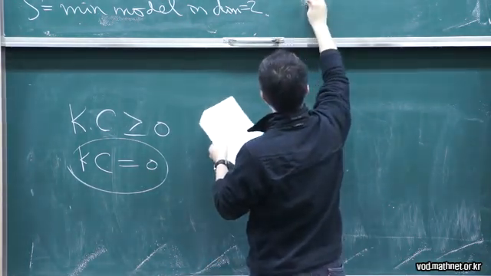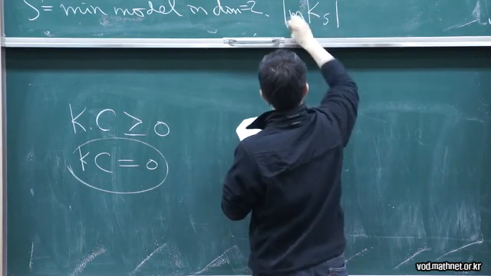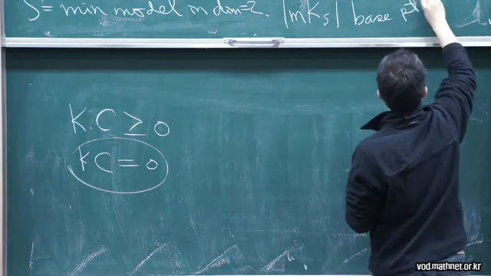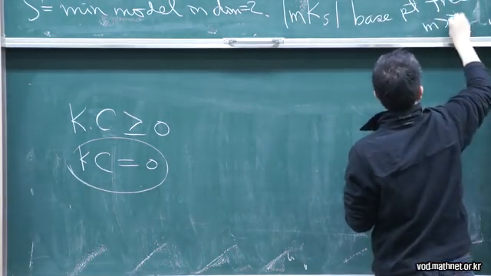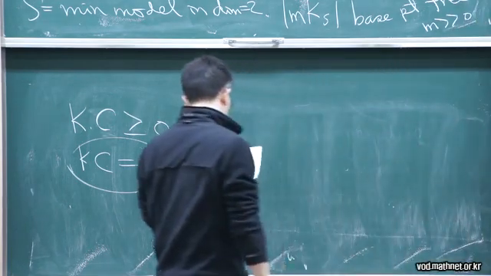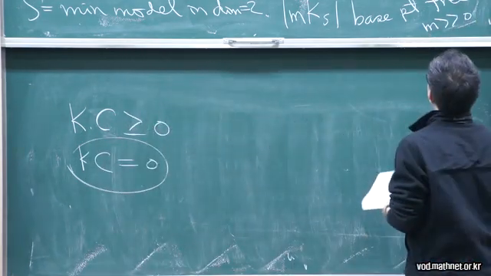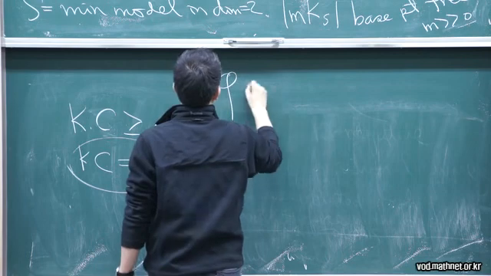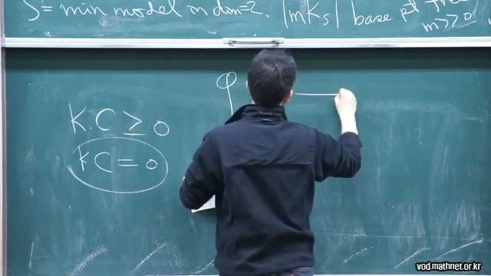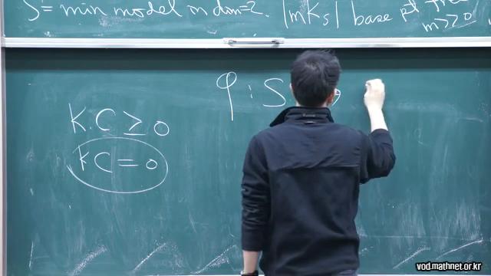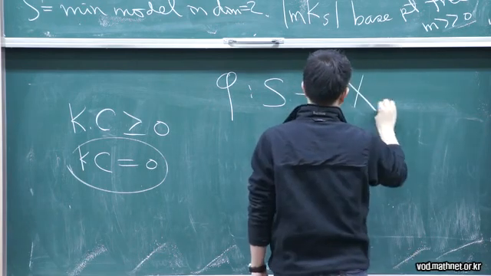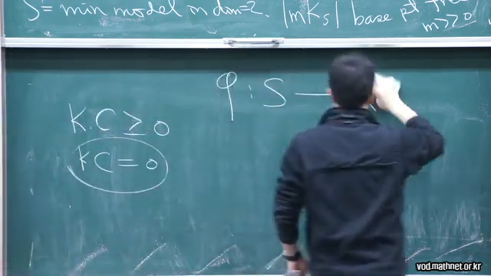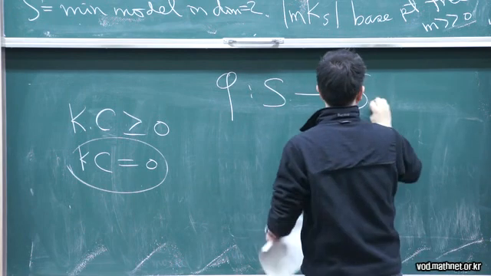In this case, |mK_S| is base point free for sufficiently divisible and large m. Using this linear system, we can define a morphism from S to some X, and what you get in the image is called the canonical surface.